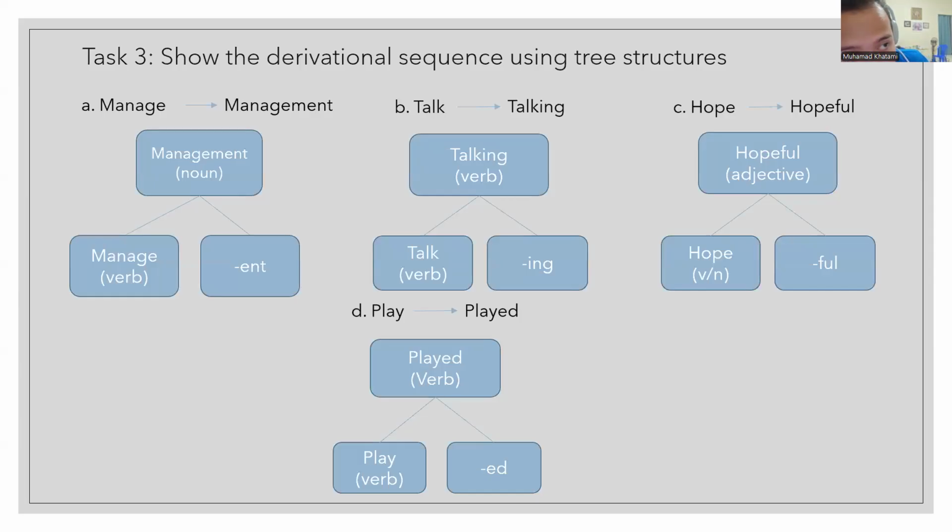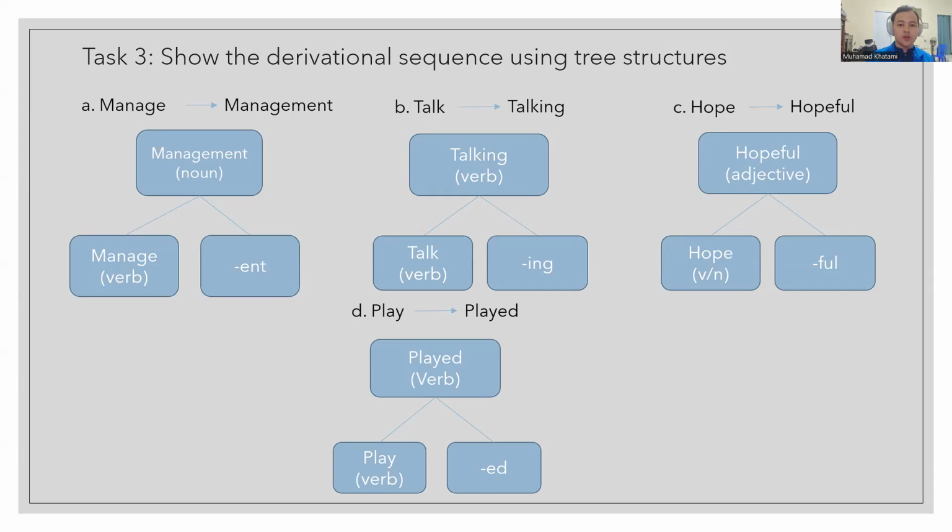Okay, so the third test is to show the derivational sequence using the three structures. Here, we'll explain it briefly. For the first, manage to management, it is created from the verb manage with the suffix ment. The next one is the word talking, with the root word talk and the suffix ing.